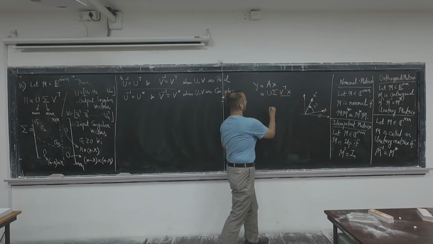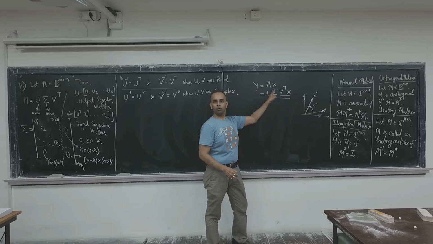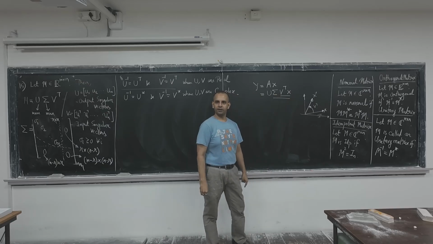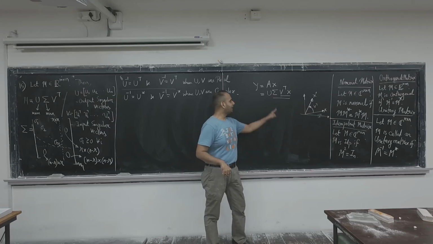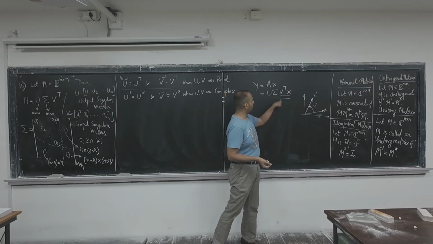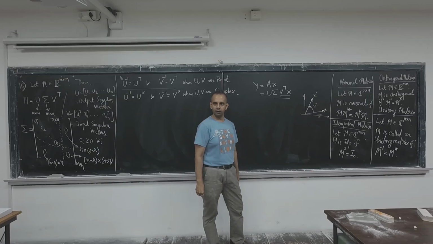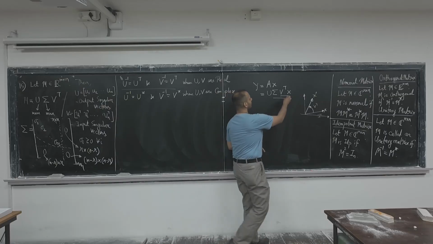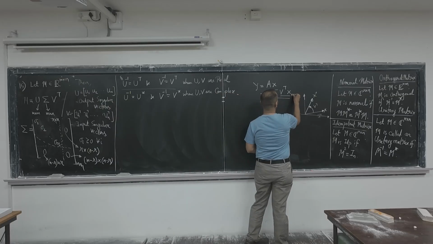After that, the sigma is going to operate on V transpose X. The sigma is mostly a diagonal matrix with diagonal elements, and the remaining ones are 0. That won't produce any rotation. That will only change the scaling of the vector. Okay, so finally, this is n cross 1, this is n cross n. Sorry.